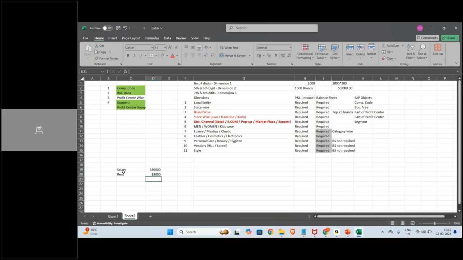Now what happens is for these dimensions, men's, women's, kids wear, all these things, I will give it through COPA. COPA is operating concern, right? So for all of these where a balance sheet is not required, I'll be able to provide you P&L.